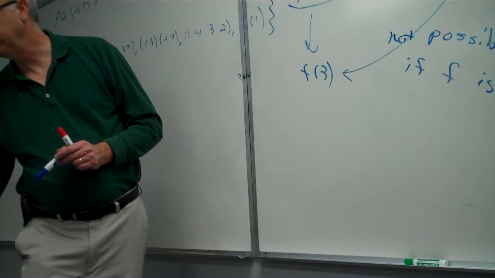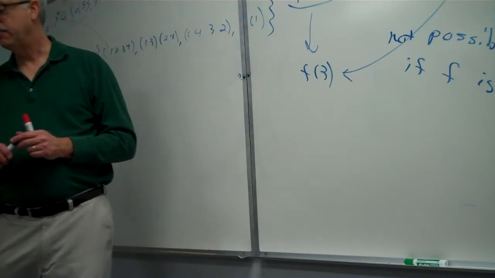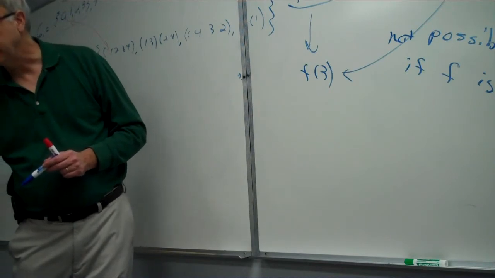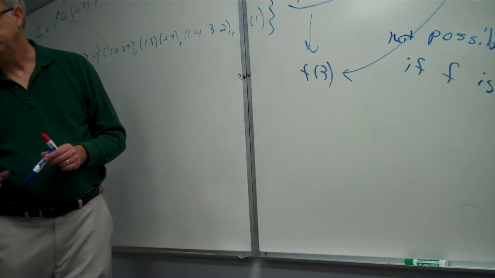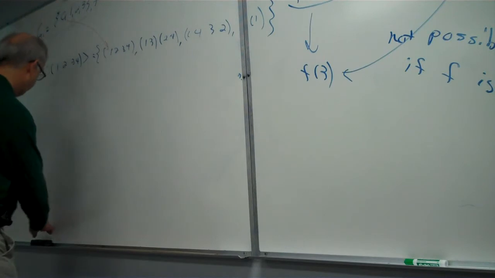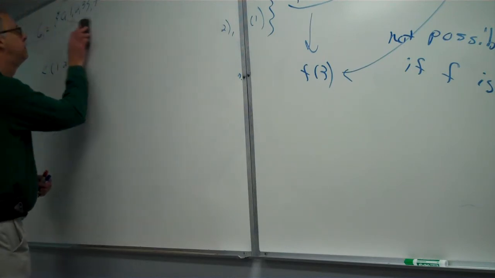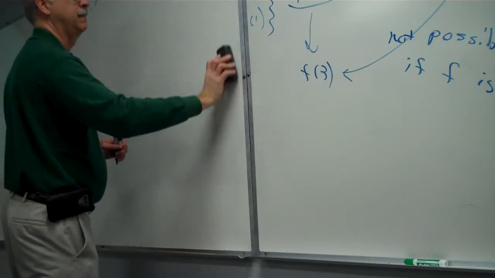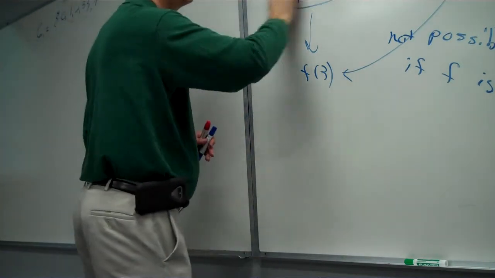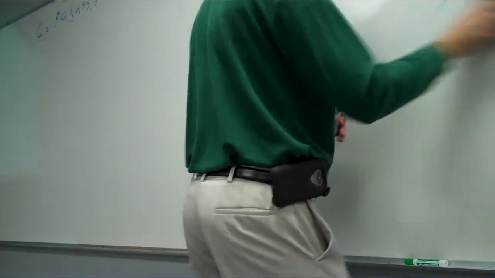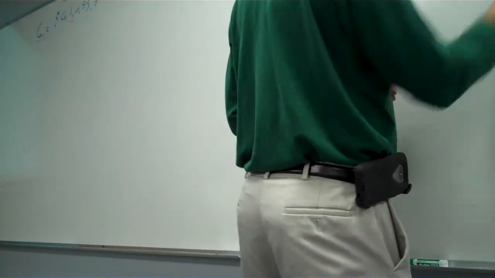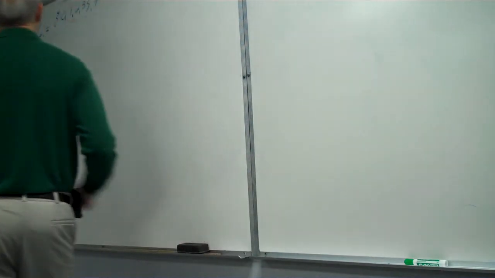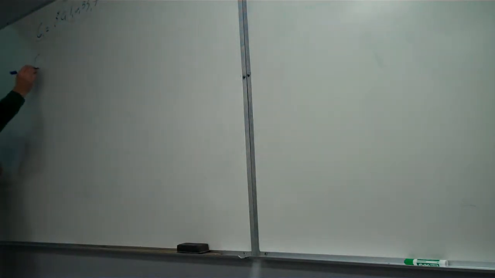Prove that G is abelian if and only if the function f of x equals x inverse is an isomorphism from G to G. So this one's kind of unusual in that we're treating the groups G1 and G2 as the same group.